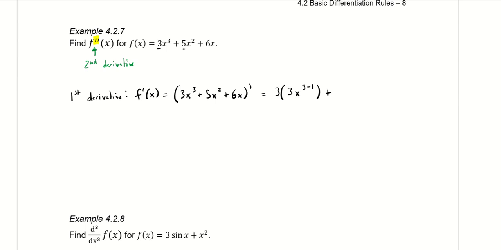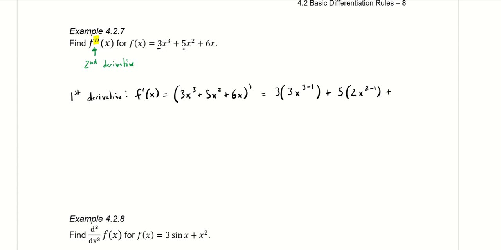Then for the 5x squared, I'm going to take the 5 out. I'm going to drop the 2, the power, to the front: 5 times 2x to the 2 minus 1. And then we can do the same thing for this, or we can remember that a constant times just plain old x, the derivative of that is just the constant.